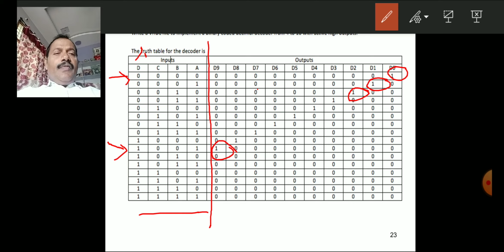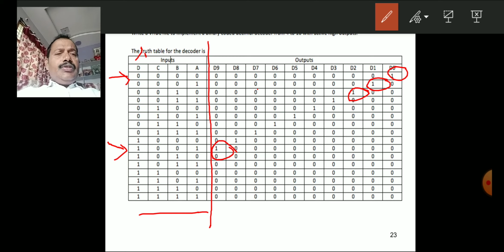But from the next combination onwards, 1, 0, 1, 0, there is no meaning, because there are no such outputs. The 10th output is not available. Q10 is not there, Q11 is not there, up to Q15 there are no outputs. Hence all are zeros.